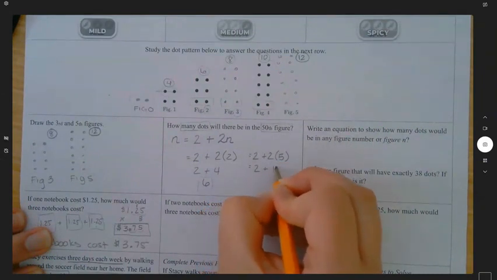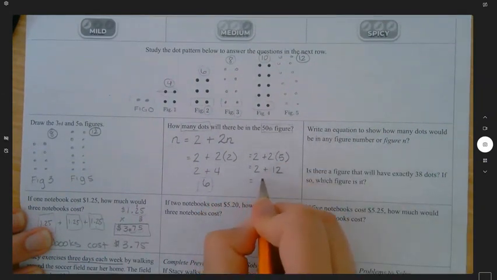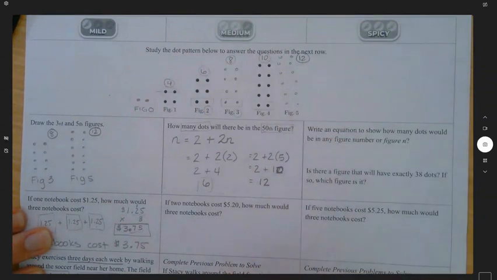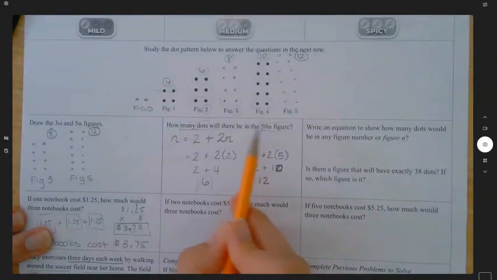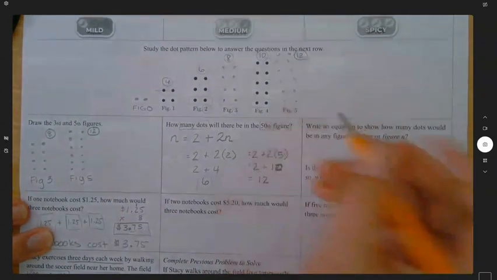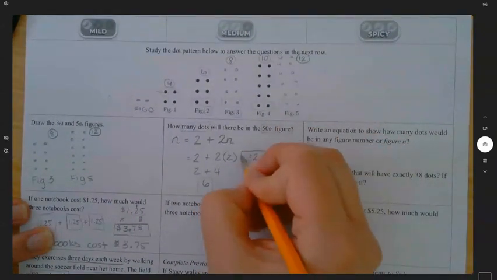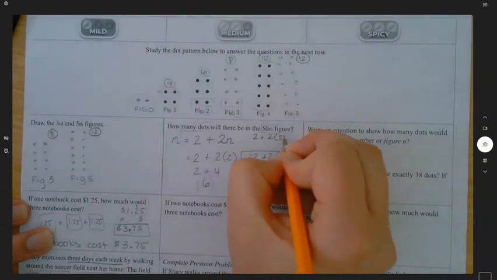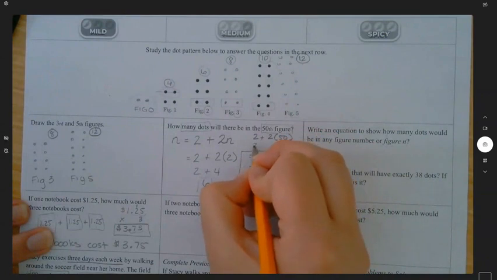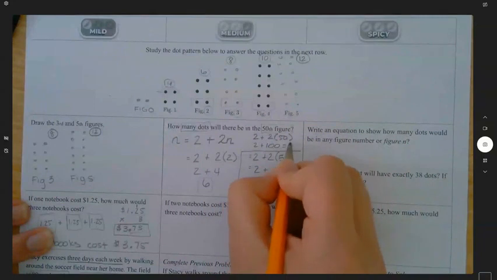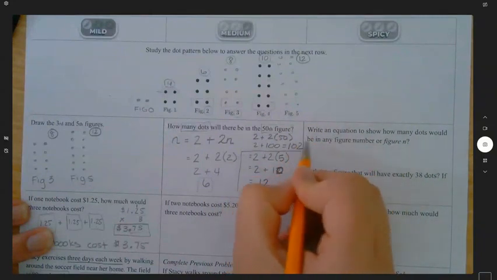That would give us 12. Or I mean 10, sorry. With a total of 12, which is here. So if we wanted to figure out how much was in the 50th figure, we would do, I'm running out of room, 2 plus 2 times 50, which would be 2 plus 100 for 102 dots.